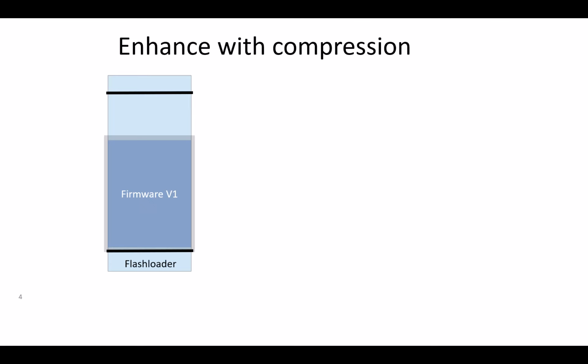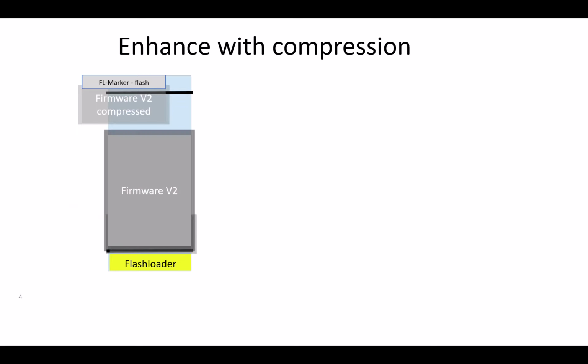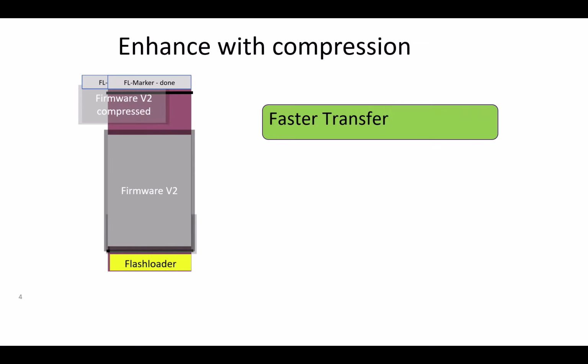Okay, let's enhance that with compression. We do exactly the same thing, but the firmware is now compressed. Put it on top. And the bootloader now needs to have the possibility to do a decompression. Erase, now do a decompression, and we have the same result. It's a faster transfer, obviously.